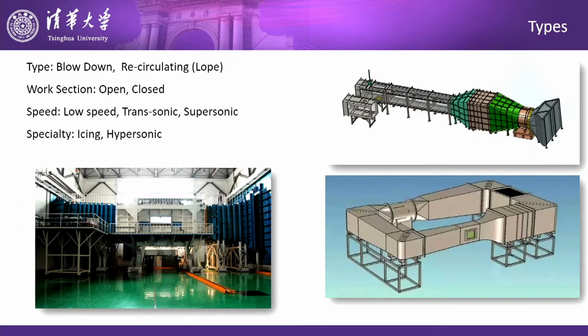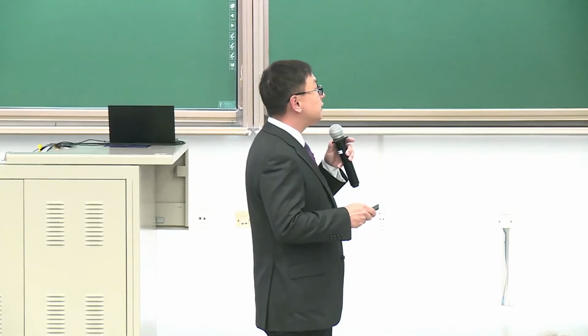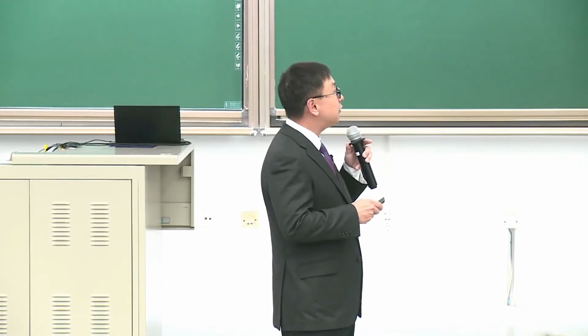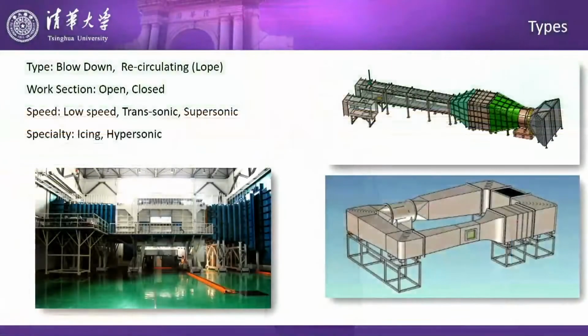For the types, there are mainly 2 types. One is the blow down wind tunnel, and the second one is looped, which we call recirculated or circulated. In the first, the air goes into the inlet, is accelerated by the motor and blown off. In the other, the air is recycling inside. For the work section, there are also 2 types: one is open, one is closed.